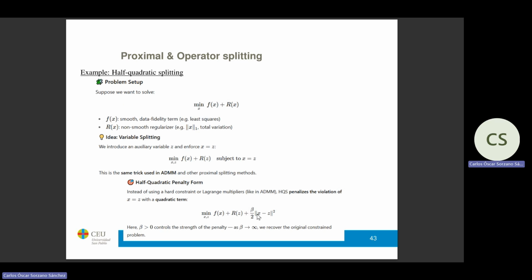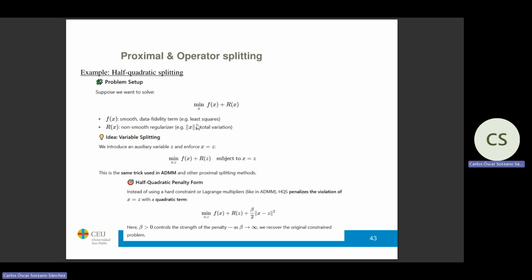Okay, another approach to do this is this one. We have the typical setup in which we have the smooth part, the data fidelity part, that typically is least squares, but you can put whatever there, and the regularization.